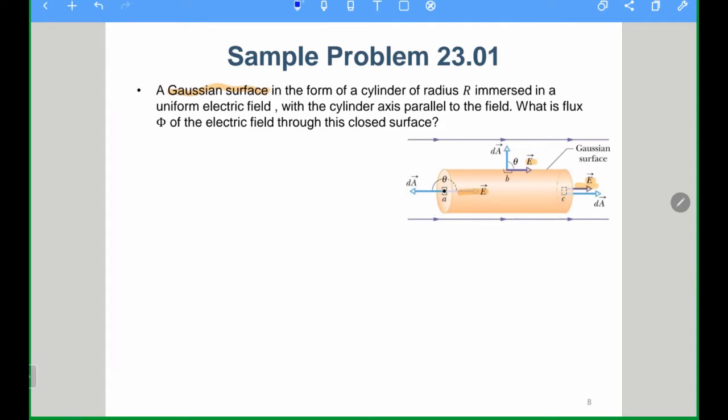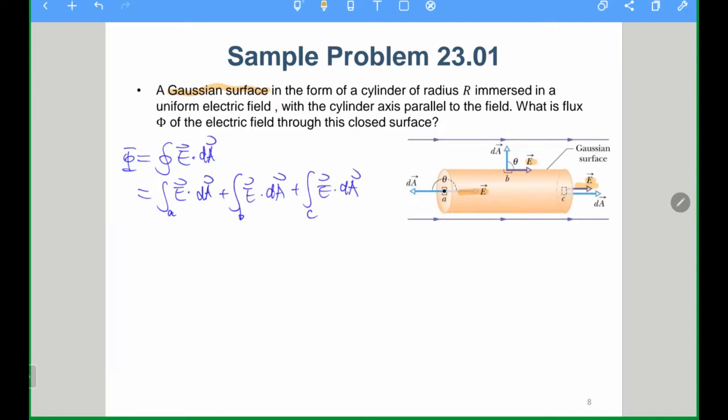So let's write out the definition. The net flux is the closed integral of E dot dA. For the integral, we can separate it into three parts: part A, part B, and part C. What are part A, part B, and part C?